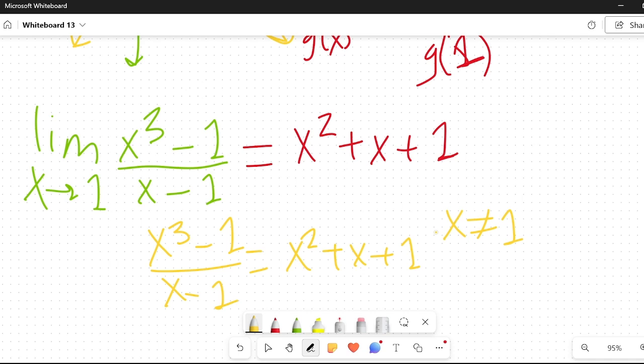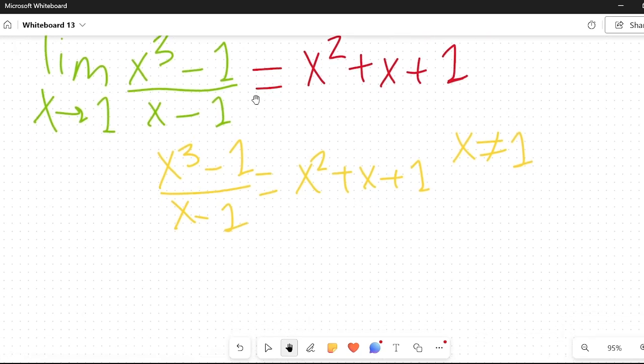So if we have f of x that doesn't exist at one point, and g of x that equals f of x for the most part but is defined at all points, then we can plug into g of x to find the limit of f of x. This is our dividing out technique to find limits.